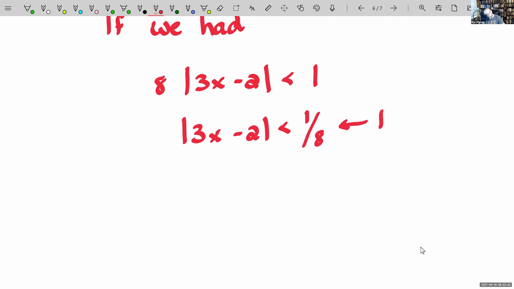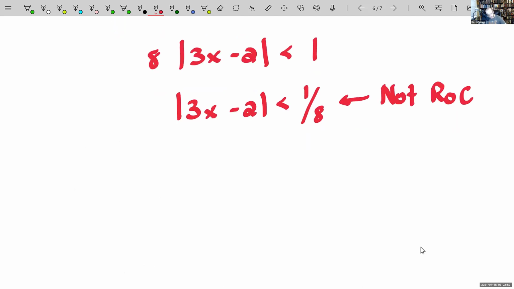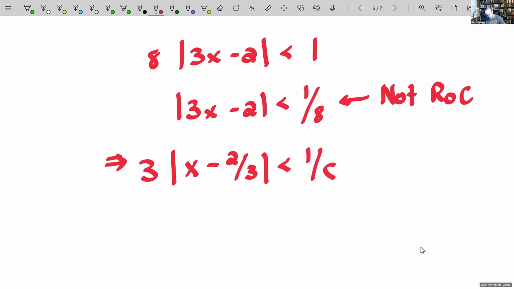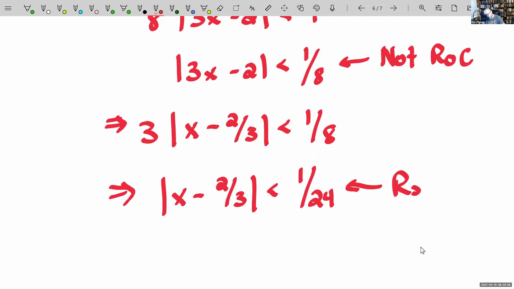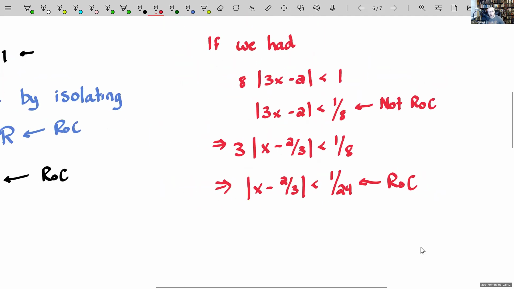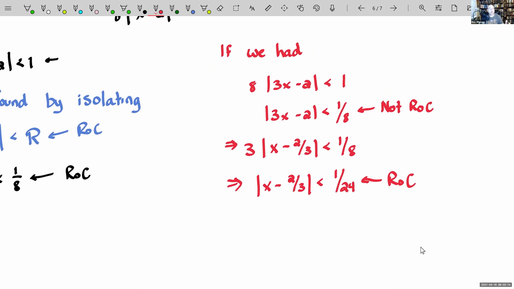This is not the radius of convergence. You have to actually divide everything by 3 as well. So you would factor out a 3 and then divide everything by 3. That would be the radius of convergence. So just a heads up, you want your coefficient of x to be 1 is the punchline.